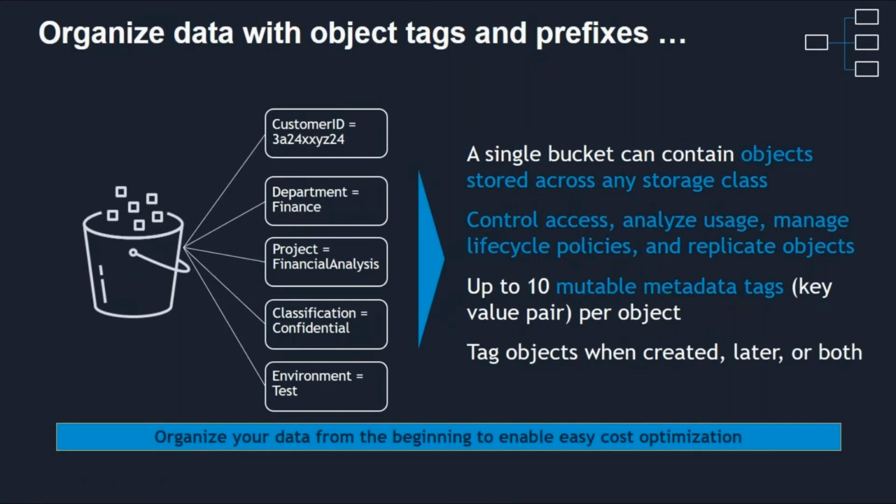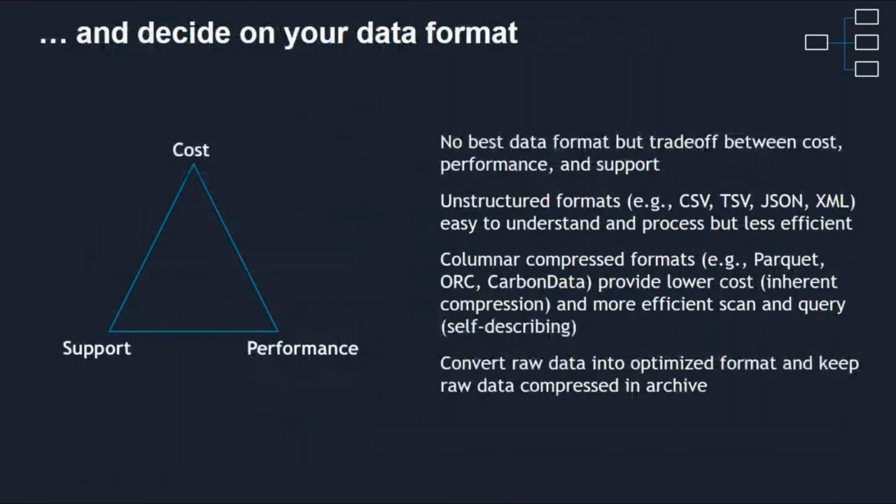So let's take a look at those objects themselves and think a little bit about the format that that object comes into and how we're choosing to store it. Now, there's really three factors that relate here when we decide on what we store and the format in which we store the data. And there isn't a single right answer.